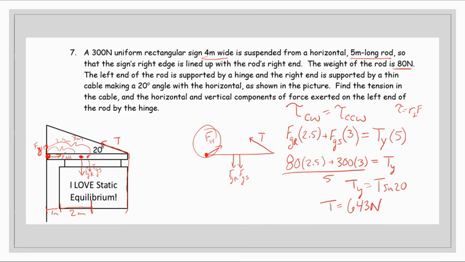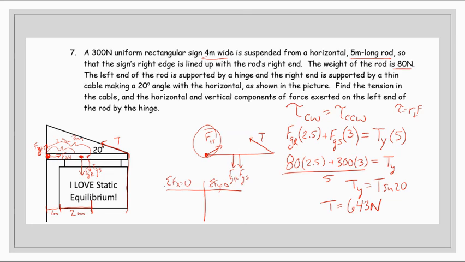Now the next thing that I need to do is figure out what the force of my hinge is in my X and my force in my Y. If I look at my sum of forces in my X, that's equal to 0, and sum of forces in my Y equals 0.